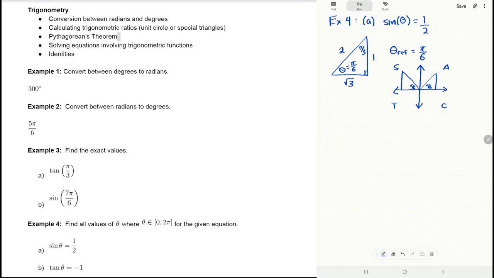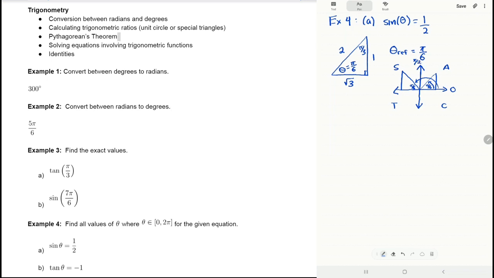So the two angles that we want to determine is the one in quadrant 1 as well as the one in quadrant 2. So let's also label the other angles at each of the axes.